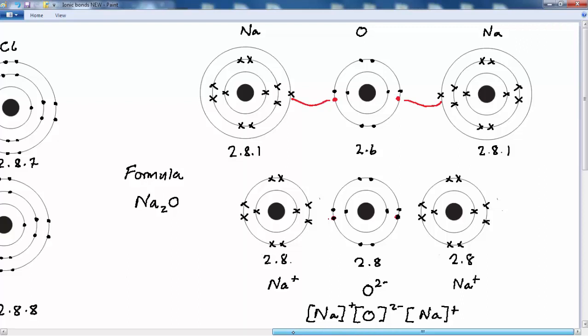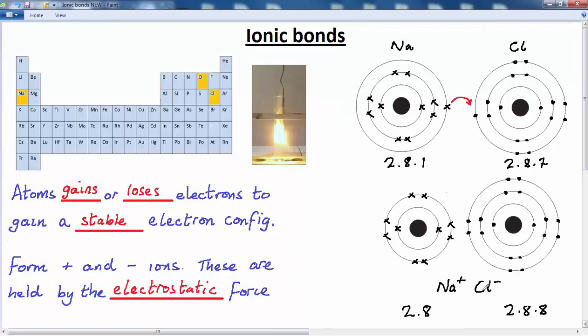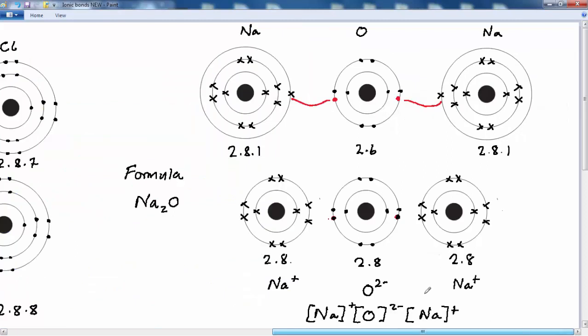In the case of sodium chloride, each chlorine ion joins on with one sodium ion, so its formula will be NaCl. Whereas in the case of sodium oxide, each oxygen atom has to join to two sodium atoms in order to achieve a stable configuration, and so its formula will be Na2O.